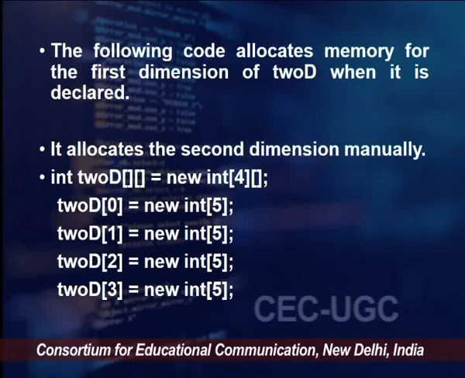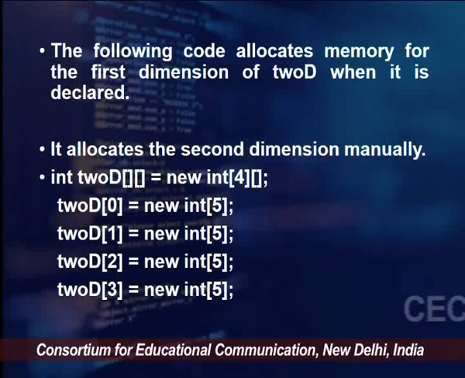That is one way of creating this array. There is also an alternate way. In order to allocate memory for a multi-dimensional array, we need to determine the memory for the first dimension initially, and we can allocate the remaining dimensions separately.